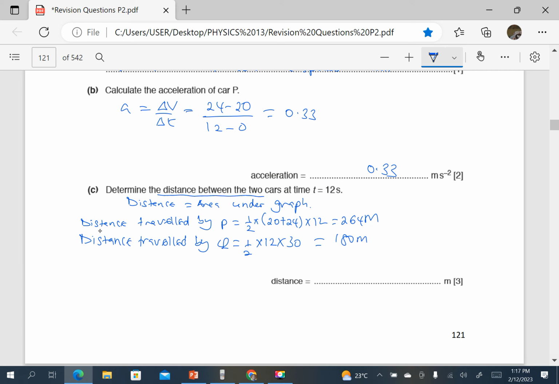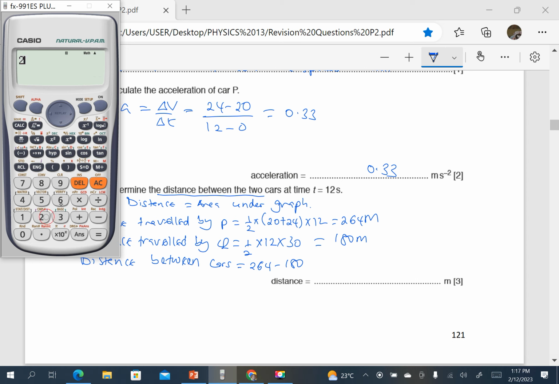So we want the distance between the two cars. The distance between the cars is going to be equal to 264 minus 180. 264 minus 180, that is 84.